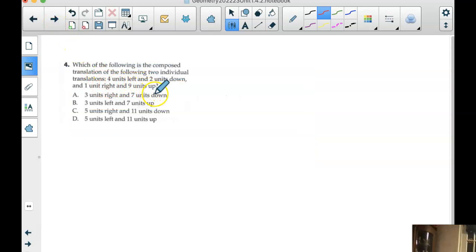Which of the following is the composed translation of the following 2 individual translations? Okay, 4 units left and 2 units down. All right, so I'm going to make myself a crude little drawing here. Let's change color.